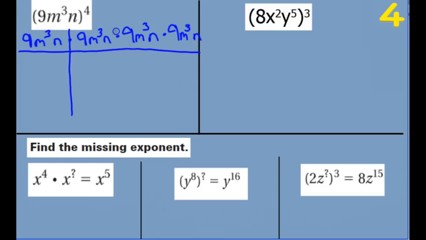So if we make our table here, we have 1 9 here. We now have 3 m's. And we only have 1 n. In the middle one, we have 1 9, 3 m's, and 1 n.